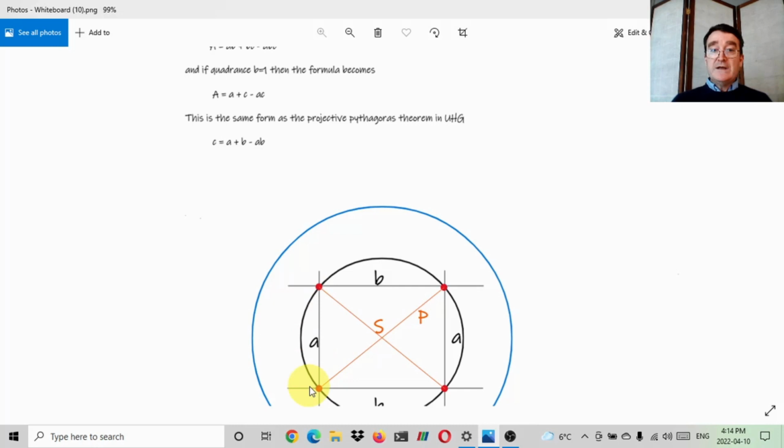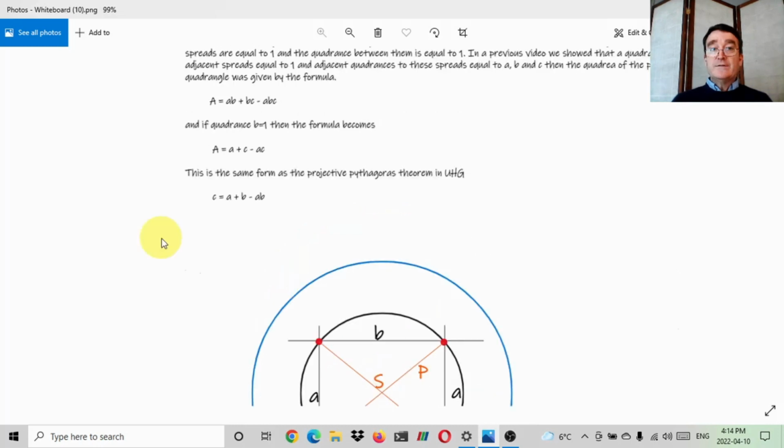So we've shown that the projective Pythagoras formula appears as a consequence of setting the quadrances between projective points equal to 1.